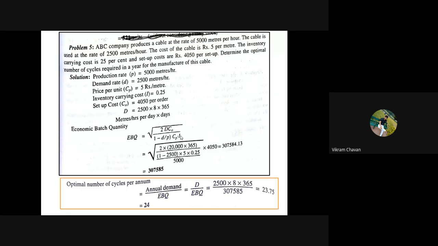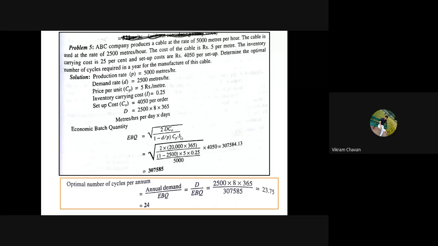The inventory carrying cost is 25% per annum, provided in the form of a percentage, that is I. This percentage is always on the cost of the product. So we can say that the inventory carrying cost, that is CH, is equal to CP multiplied by I.